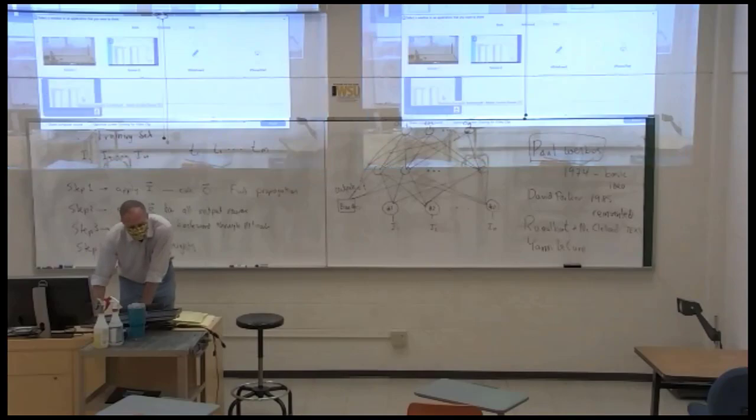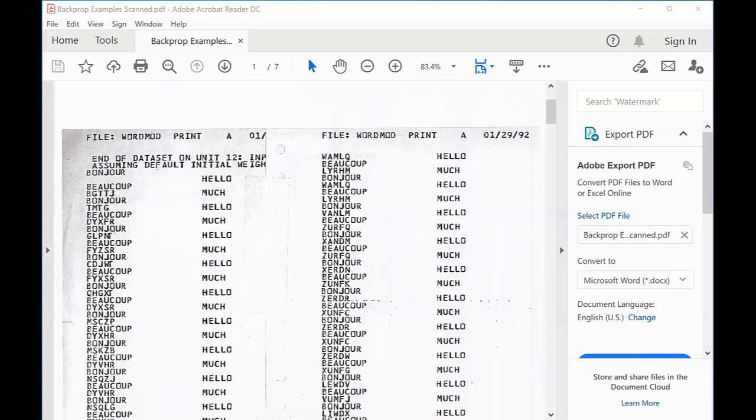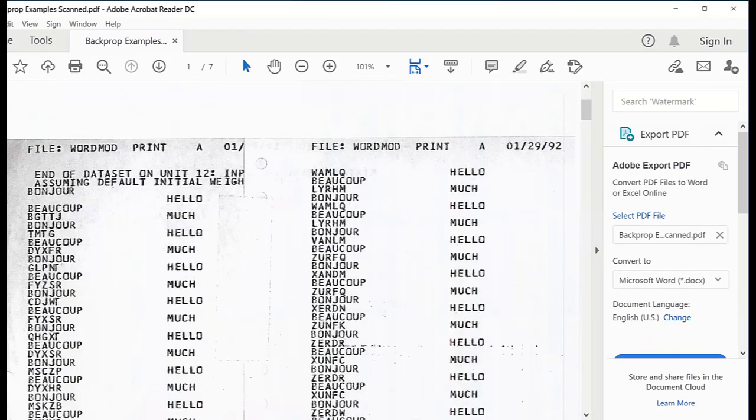Oh, those are screens, okay. Are you guys seeing that up there? No, you're seeing the other screen. There we go. So this is the one you need to look at over here.